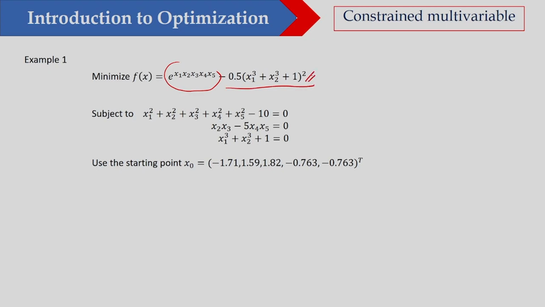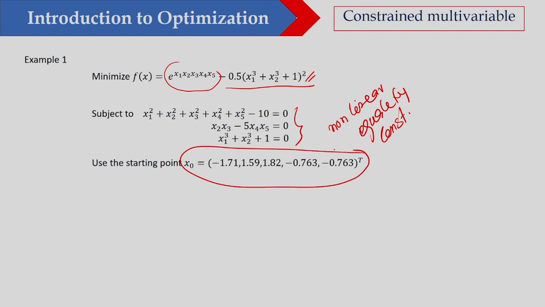So, this is the objective function, and we have 3 non-linear equality constraints, and the starting point has been defined.